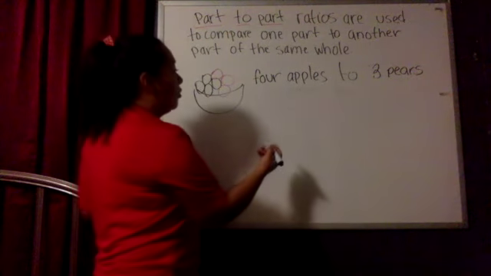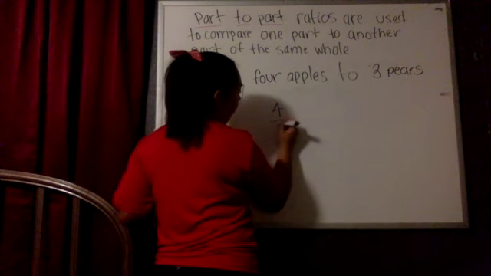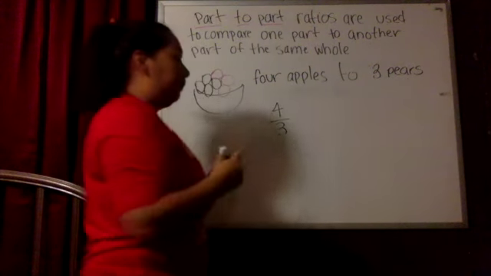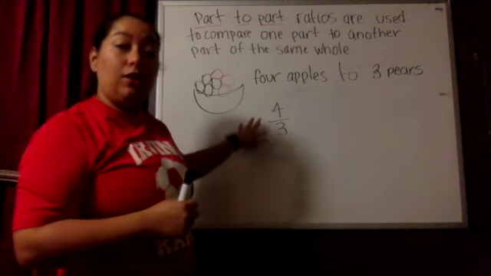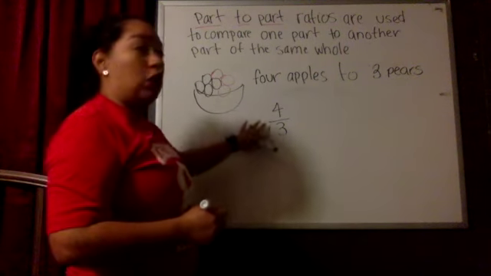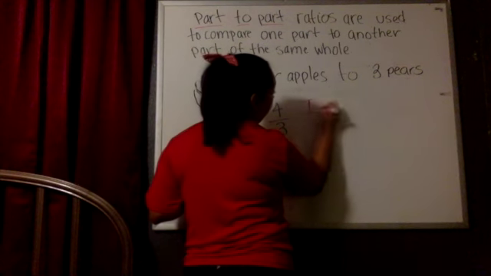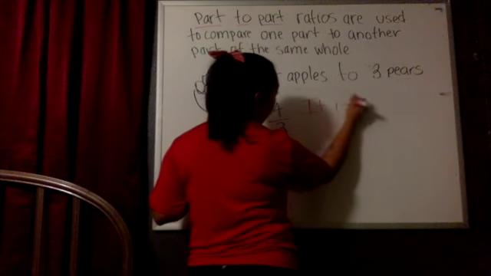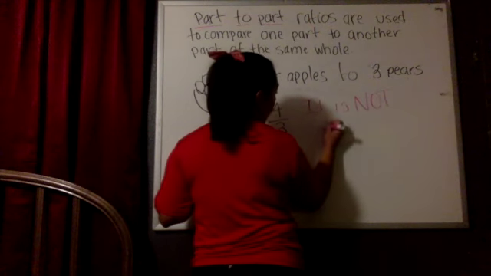Now you could also write it as 4/3. Keep in mind that even though this looks like a fraction, and you might want to write this down, it is not a fraction.